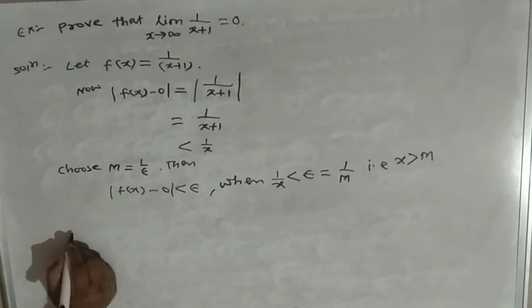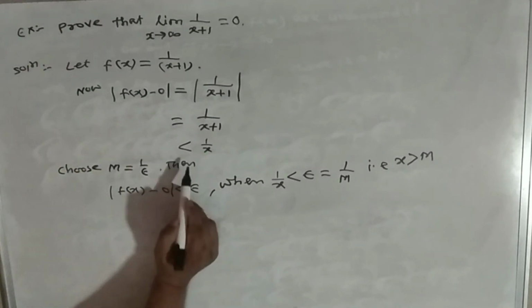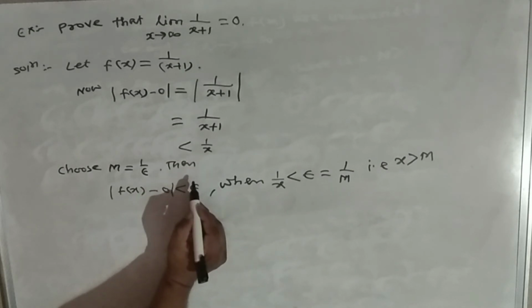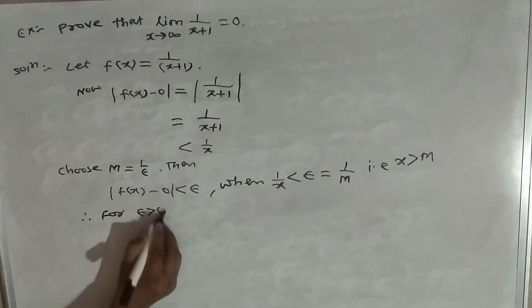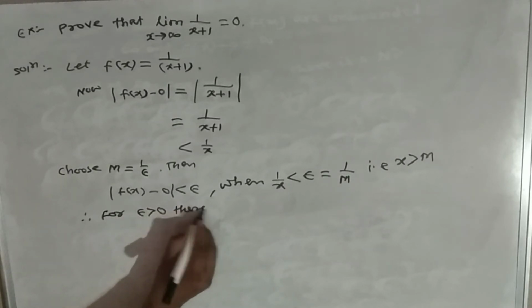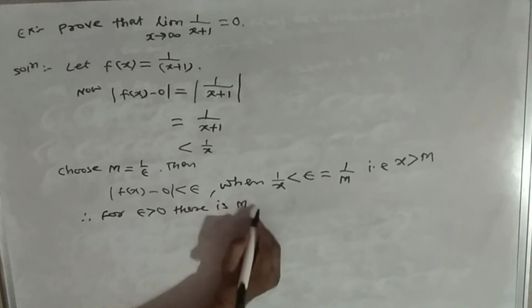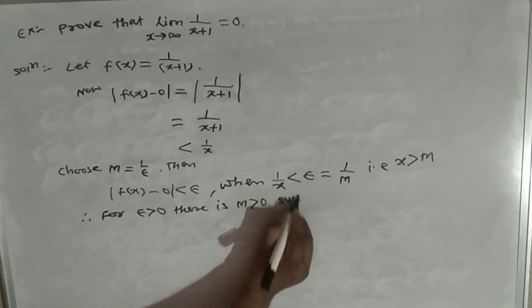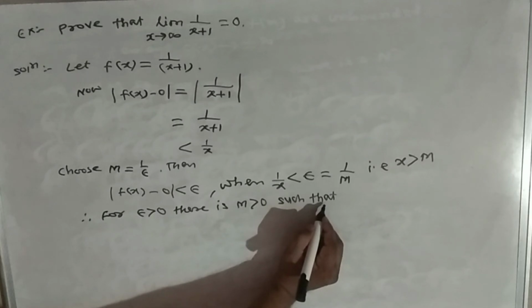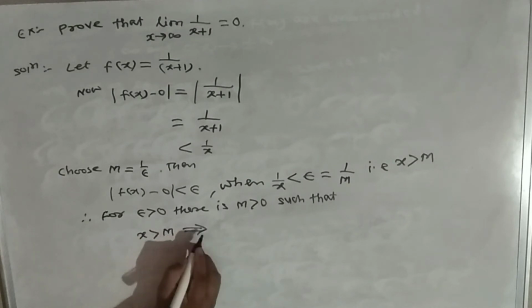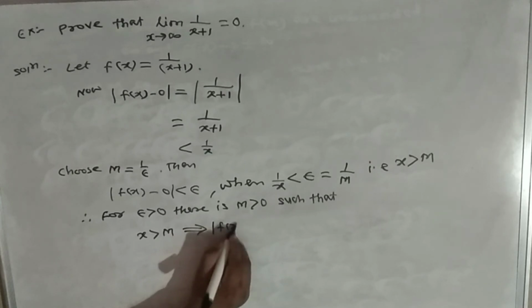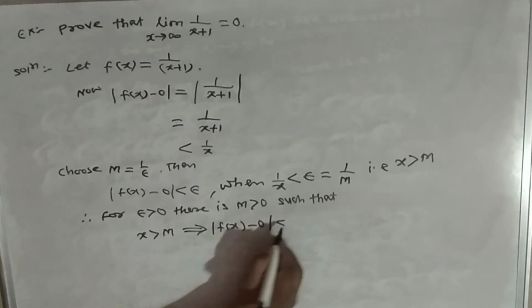Because mod f of x minus 0 is less than 1 upon x, and hence for epsilon greater than 0, there is m greater than 0 such that x greater than m implies that mod f of x minus 0 is strictly less than epsilon.